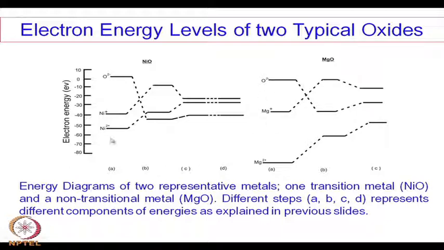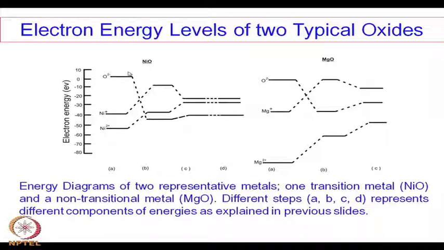Incidentally, this is more or less the situation in other non-transition metal oxides also. To start with, in NiO, Ni2+ is the lowest, Ni+ the next highest, and then O2- is the highest energy level, so far as the electron affinity and ionization potentials are concerned.